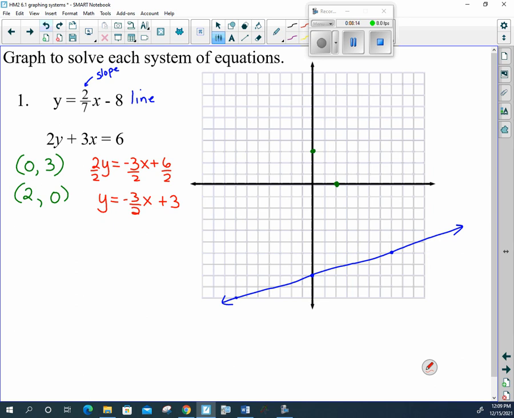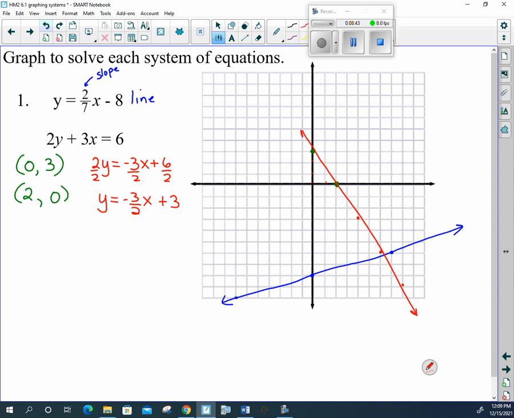If I start here at 3 and I count down 3, 1, 2, 3, and then to the right 2, that puts me in those intercepts. I can keep doing that pattern. I want to see where it crosses the blue line, so we need to keep counting out our pattern. So down 3, over 2. Down 3, over 2. Down 3, over 2. Okay, so here's this line right here.